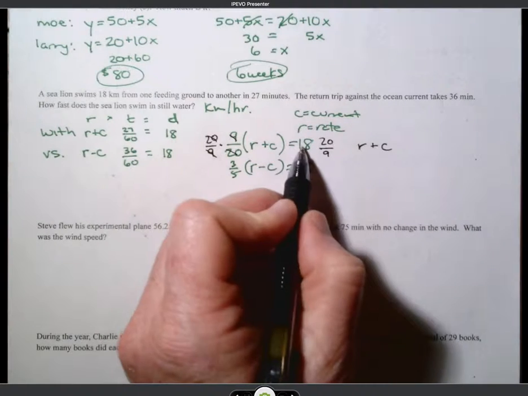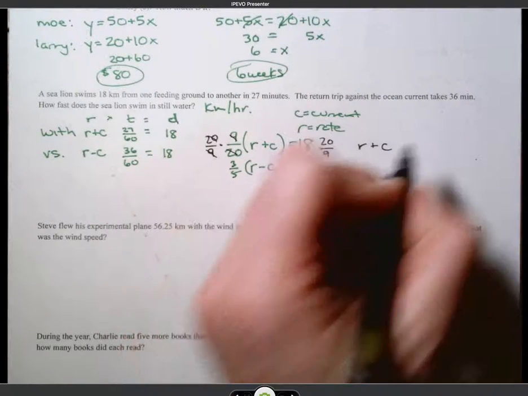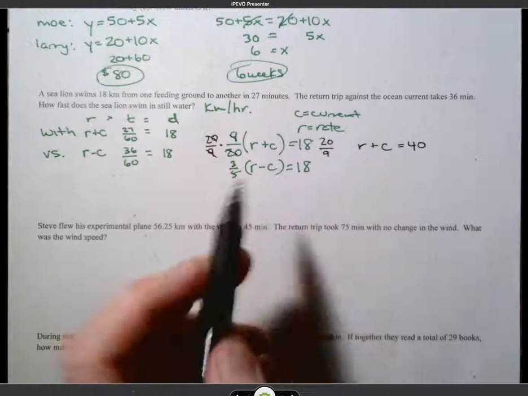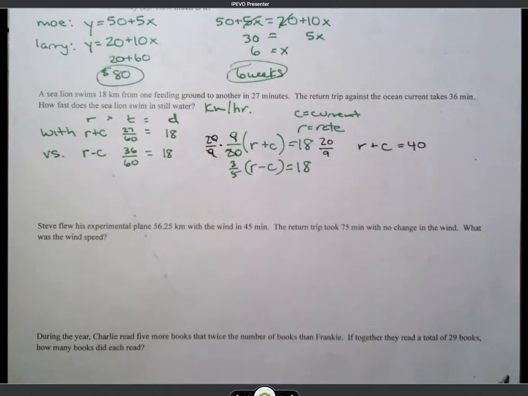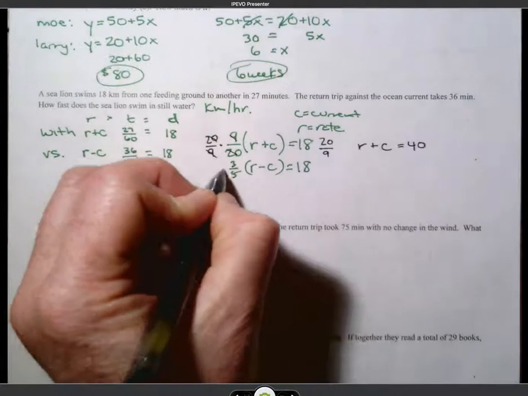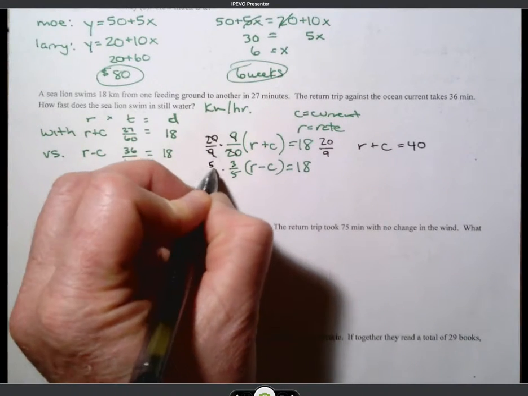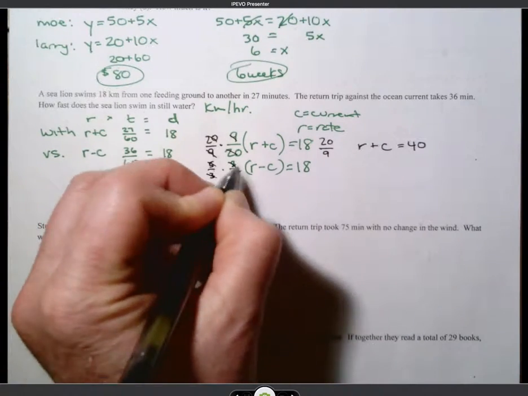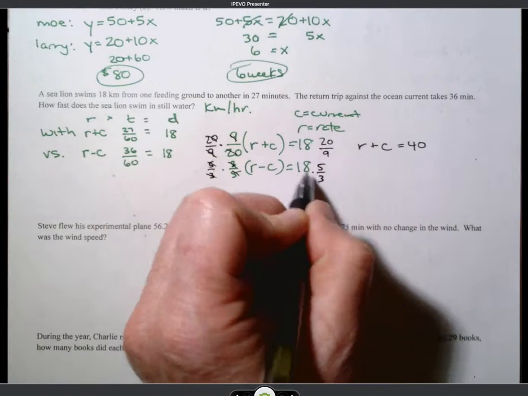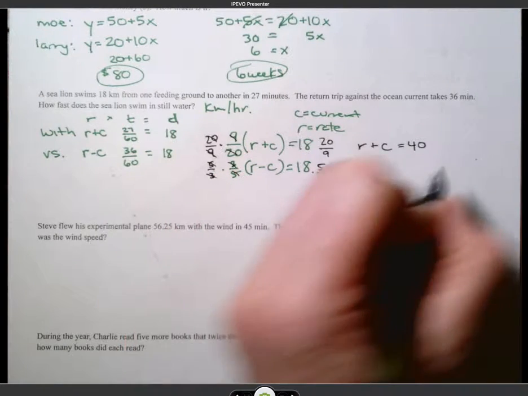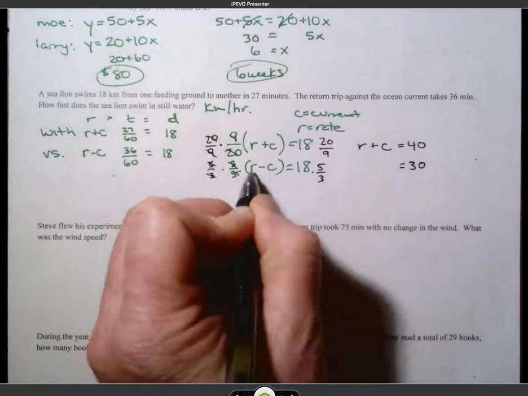Well, 9 goes into 18 2 times. 2 times 20 is 40. So I just turned this really ugly equation into R plus C equals 40. Here, I need to get rid of 3/5, so I'm going to multiply by 5/3. Multiply 18 by 5/3. 18 divided by 3 is 6, times 5 is 30. And this is R minus C.